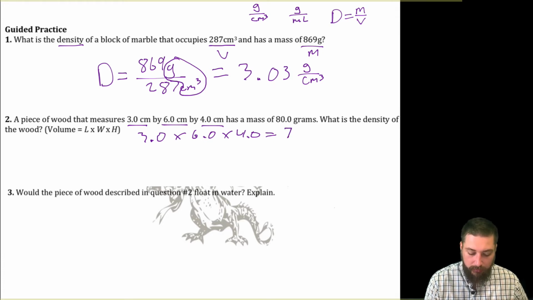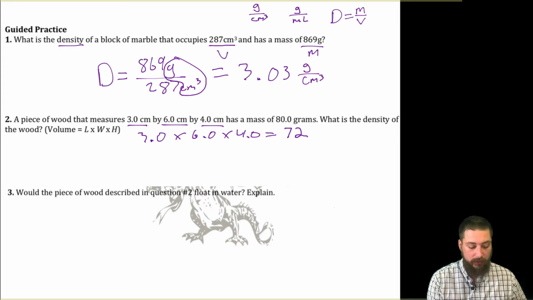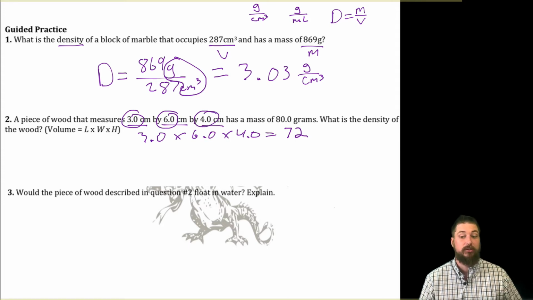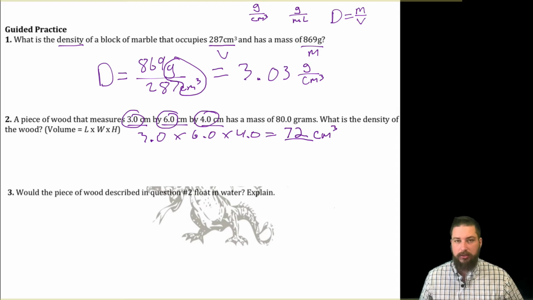Now, again, whenever we're doing any sort of multiplying or dividing, we need to take into consideration significant figures. This has 2 sig figs, this has 2 sig figs, this has 2 sig figs, so the answer should have 2 sig figs. And we also need to write centimeters cubed. Now this isn't our answer, this is just the volume of the wood.